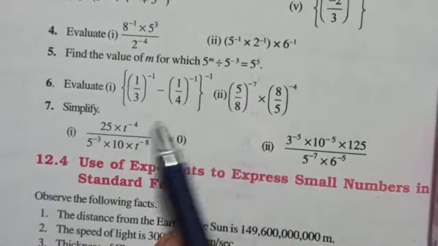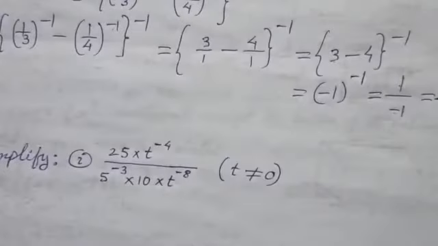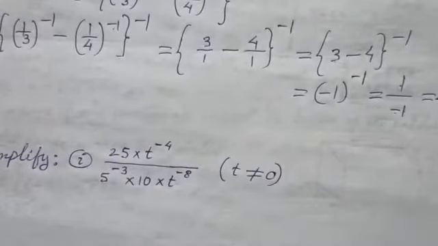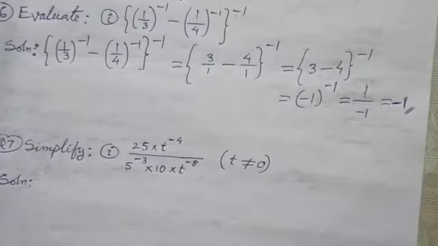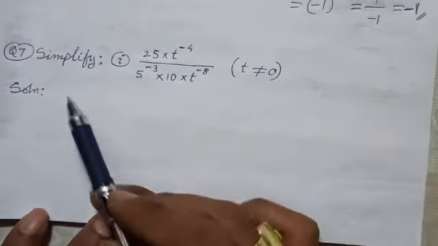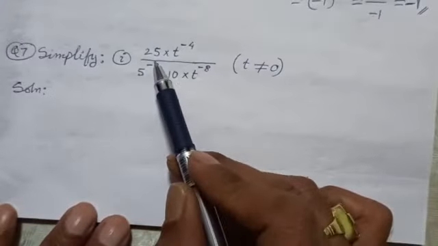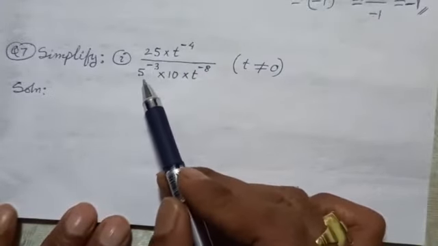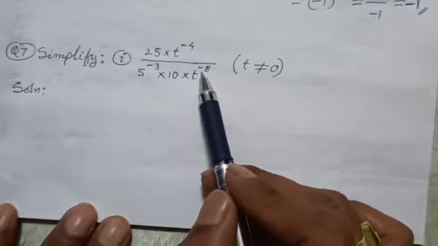Now let's try this question number 7. Simplify Roman number 1: 25 into t to the power minus 4 divided by 5 to the power minus 3 into 10 into t to the power minus 8, t is not equal to 0.